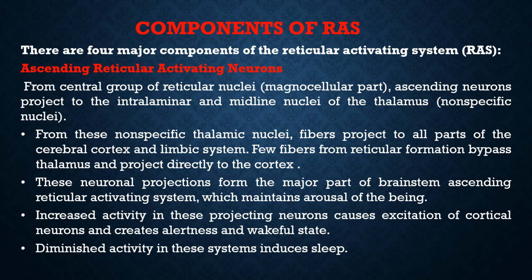And these neuronal projections form the major part of brainstem ascending reticular activating system, which maintains the arousal of being. So this ARAS is important for the arousal. The person is kept wakeful by the ARAS. Increased activity in these projecting neurons causes excitation of cortical neurons and creates alertness and wakeful state.